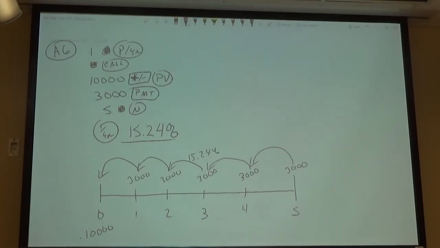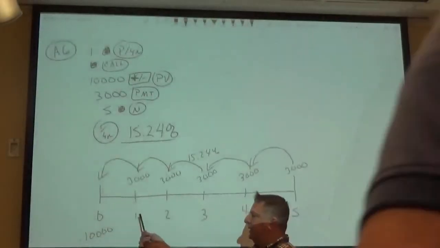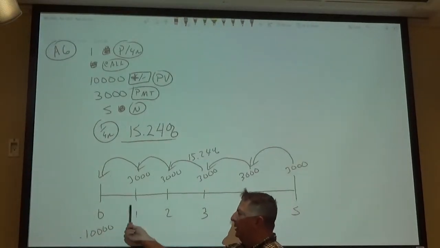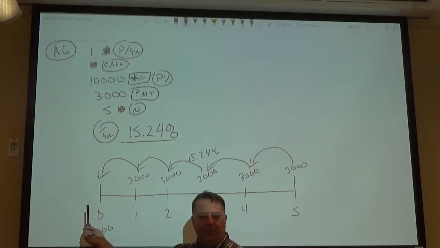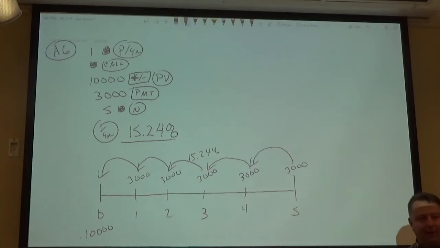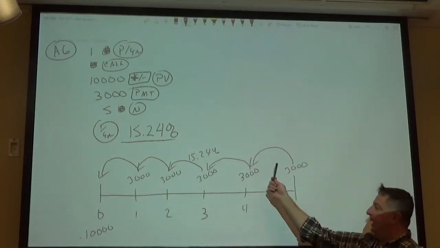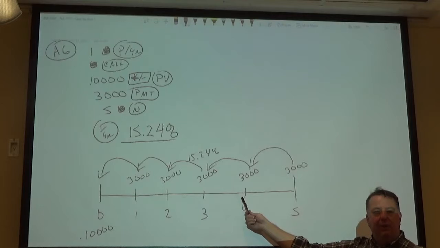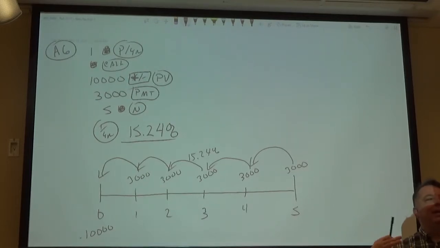So it goes from the payment being made or received at the end of the year to being made or received at the beginning of the year. That also means, if you think about it all the way through, instead of your final payment occurring at the end of year 5, it's really being paid at the end of year 4, or the beginning of year 5, as a way to look at it. Does that make sense? It's like pushing it forward.